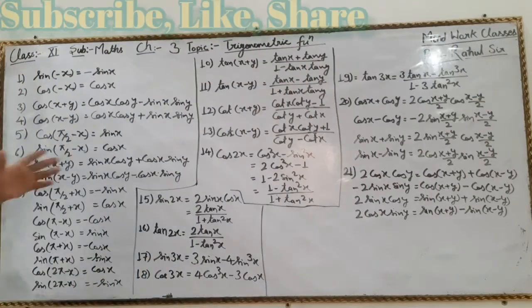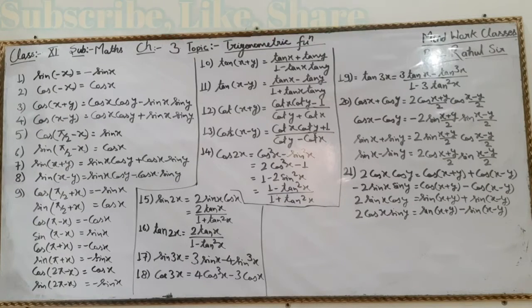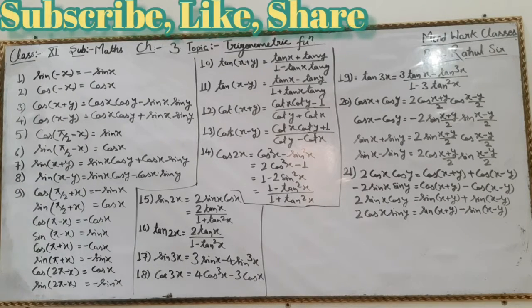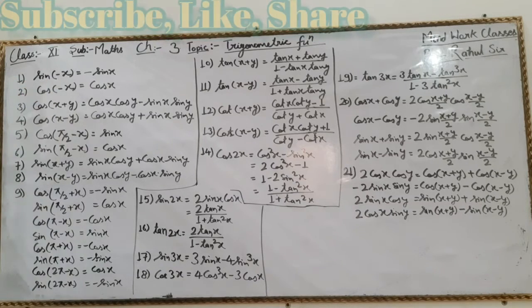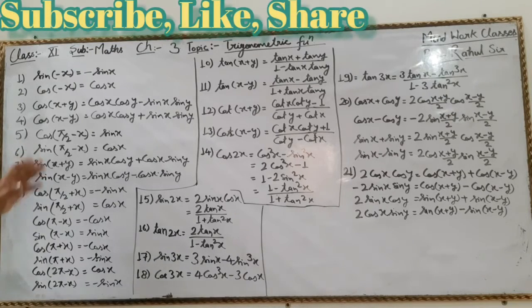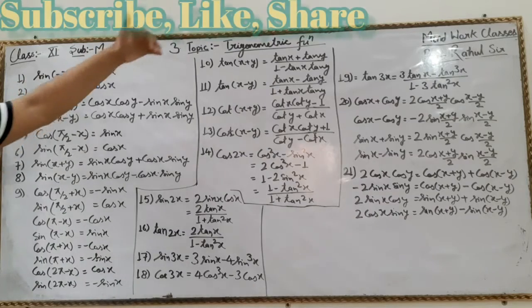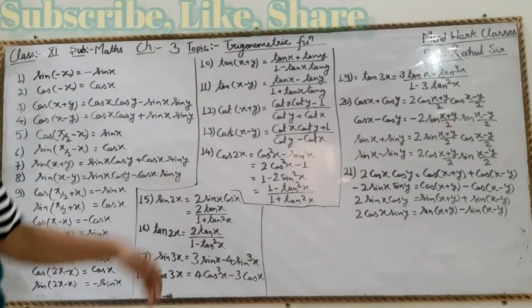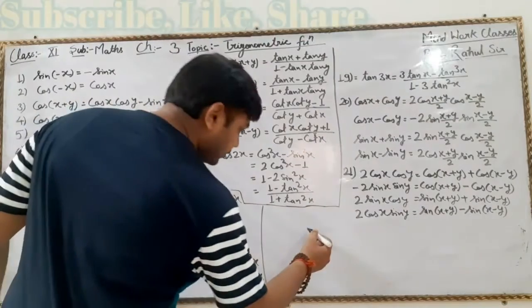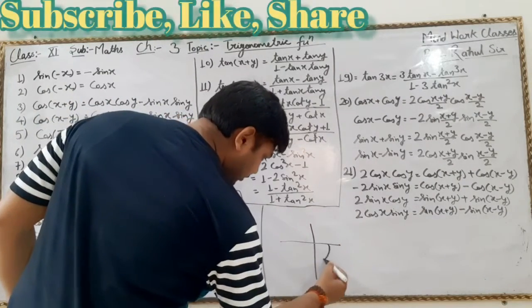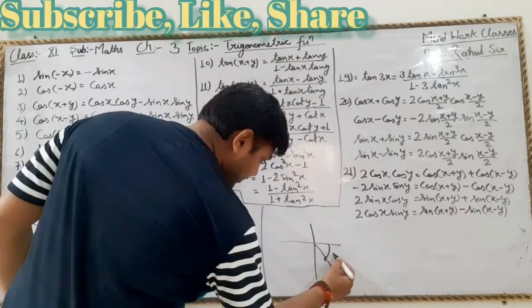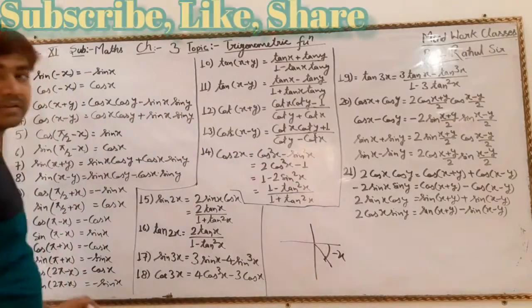There are so many formulas. The first formula is sin(-x) is equal to -sin x. What does it mean? If you rotate in the anti-clockwise direction like this, then this is the angle -x.